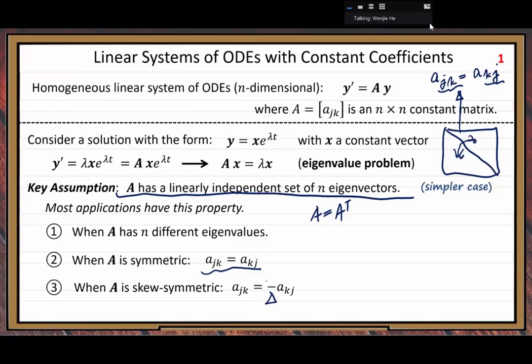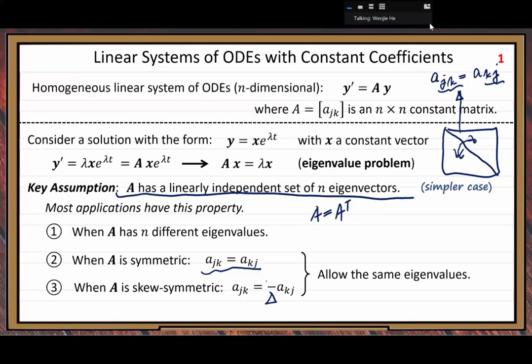In the second case and the third case, symmetric and skew symmetric, we allow the same eigenvalues. The first case, all the eigenvalues of our characteristic equation must be different, right?